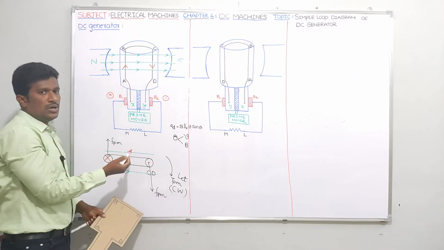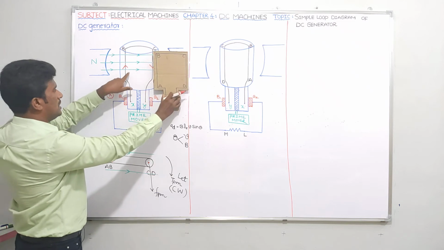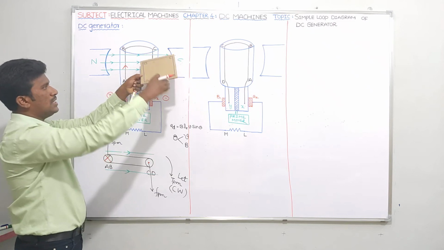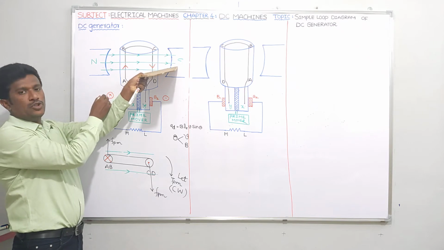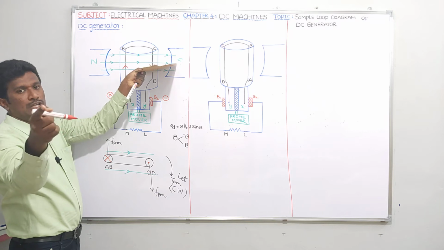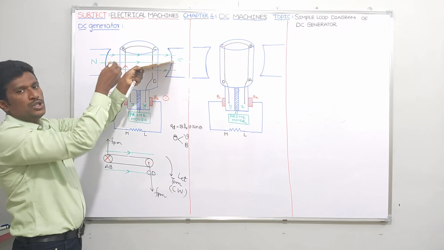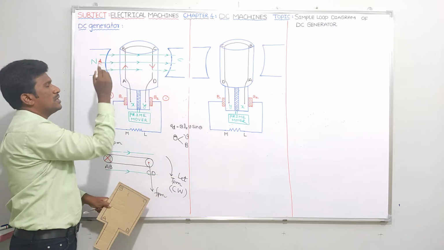Similarly, in AB, don't get confused that the direction is upwards. If you place the AB circle like this, it is going into the board. Cross means into the board. Into the board means current is going into the board from you, so the direction of current should be like this arrow mark.